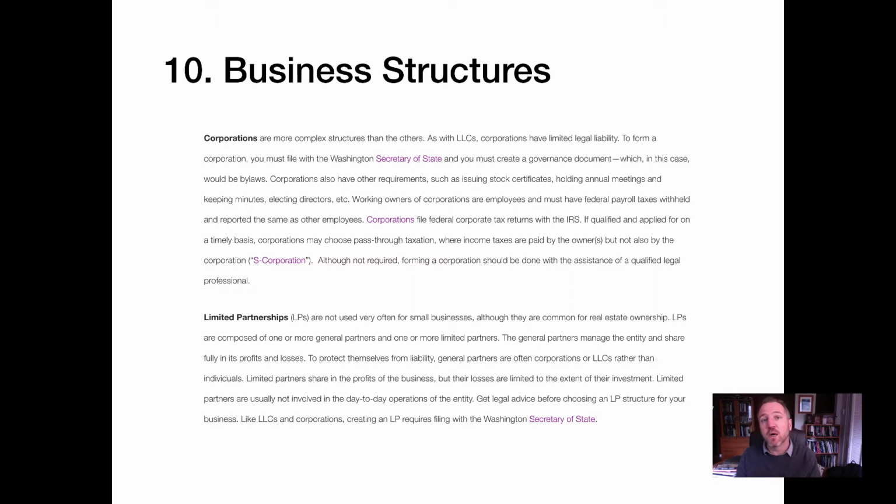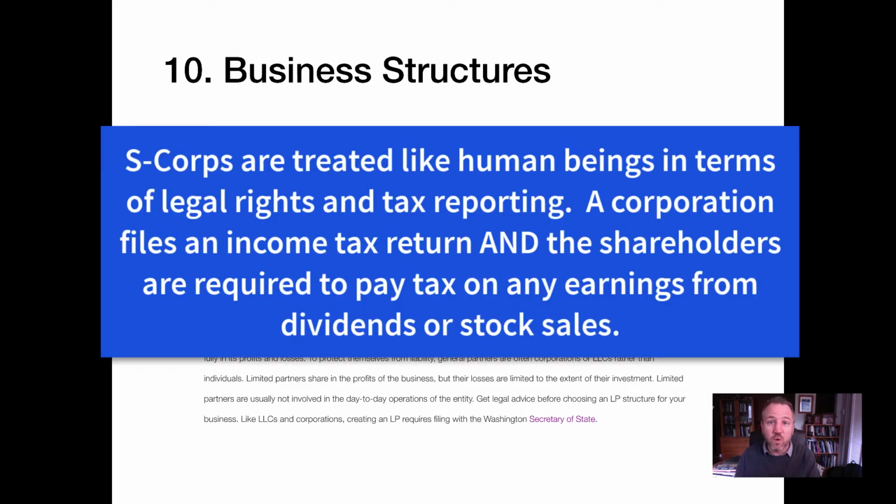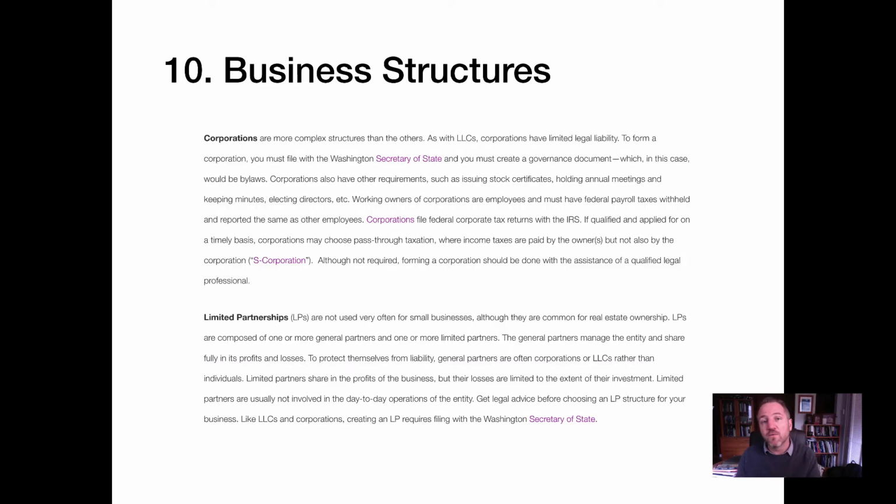However, with most corporations that distribute stock, you have what's known as double taxation, meaning that the corporation is itself considered a legal entity, and in fact corporations have been ruled by the Supreme Court to have all the rights of individual human beings as citizens, and so the corporations themselves actually pay income tax, and all the investors or the stockholders have to also pay income tax on any profit or loss that they make from their investment in that company. So corporations typically are known for what they call double taxation, but they are a very necessary structure for large organizations.